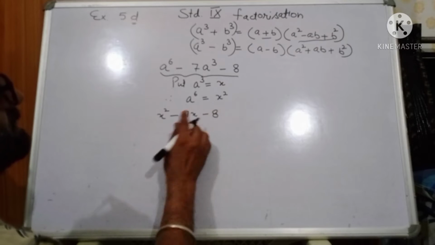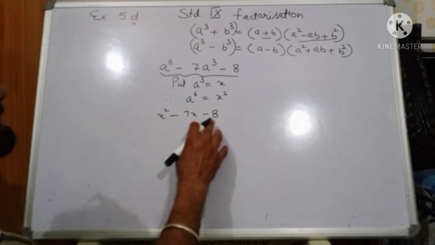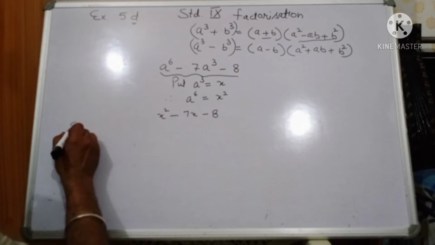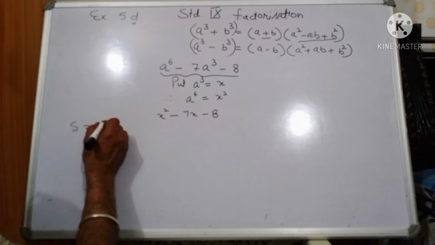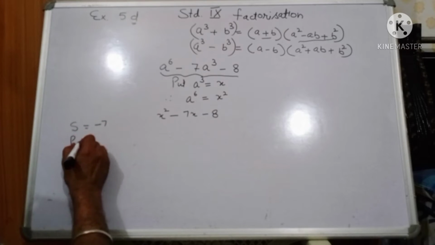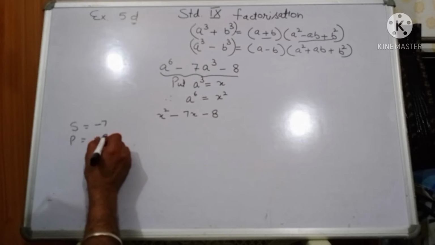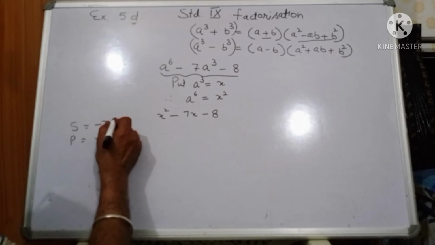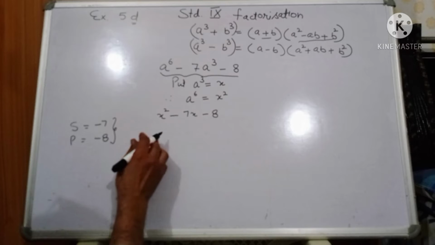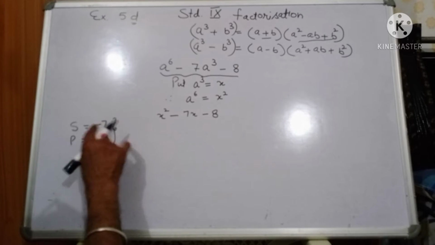It can be easily factorizable by splitting the middle term. Sum you need minus 7, product you need minus 8. You know the numbers will be minus 8 and plus 1.